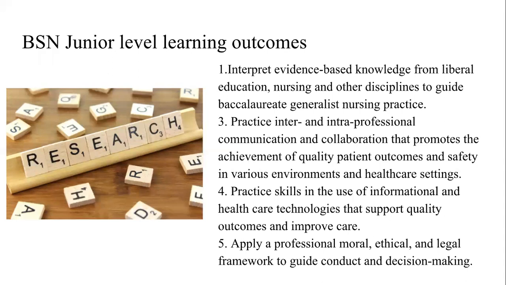The fourth learning outcome in the junior level, practice your skills in information and healthcare technologies. By the end of the semester, you should be very confident in being able to use databases and to look for evidence to support your nursing practice. And the last one, again, is you will be applying some ethical and moral frameworks to how you're making your decisions in creating evidence-based practice.